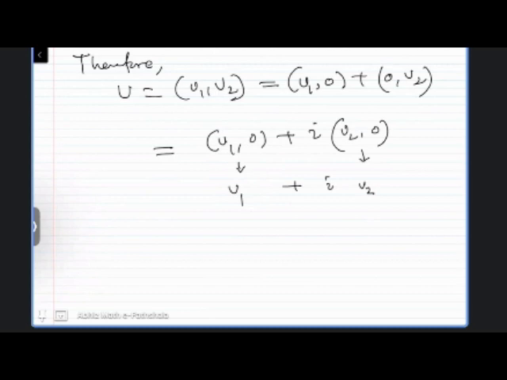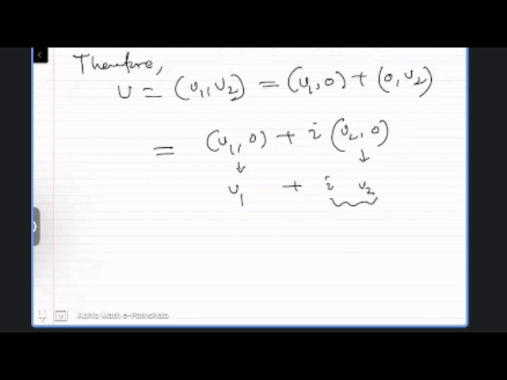Here this multiplication may seem to you that it does not have any meaning, but we are actually thinking of this I V2 as I times V2 comma 0, which is 0 comma V2. Right?